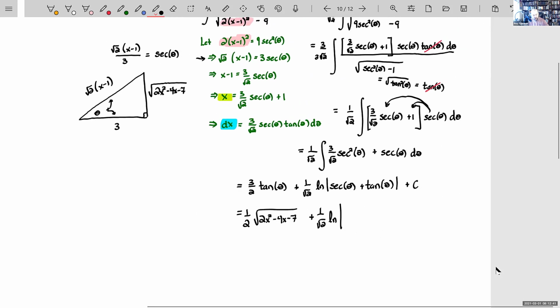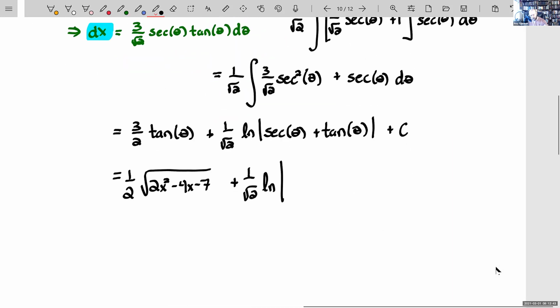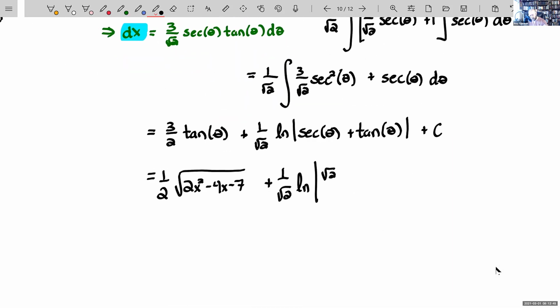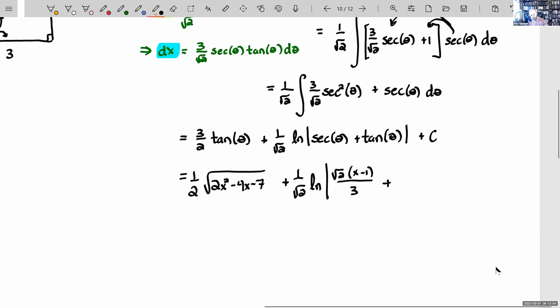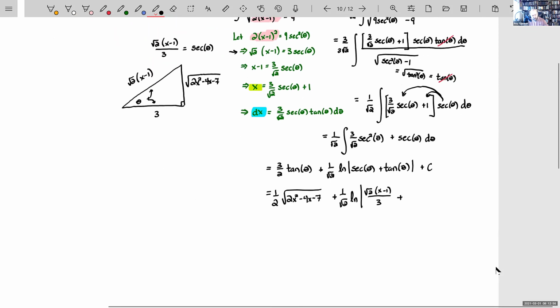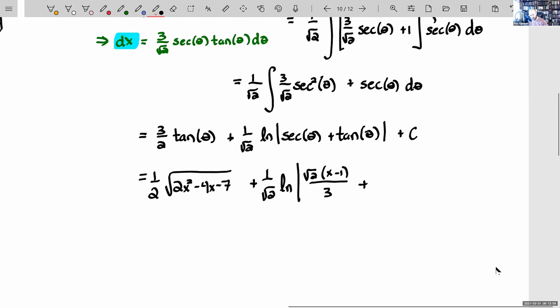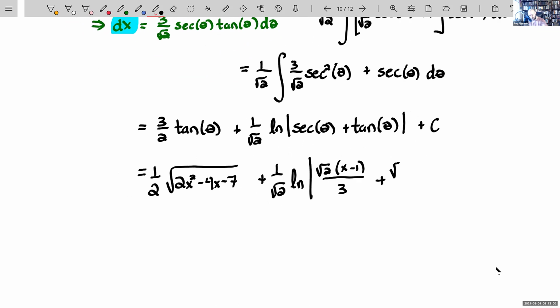Secant was root 2 x minus 1 over 3. Plus the tangent, and the tangent is that square root business all over 3. And then finally, plus c.